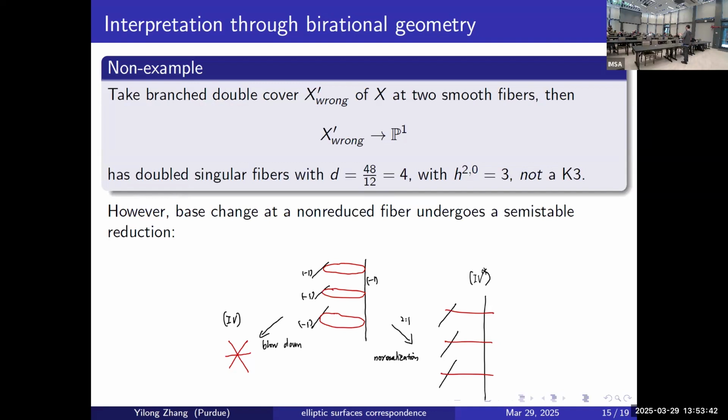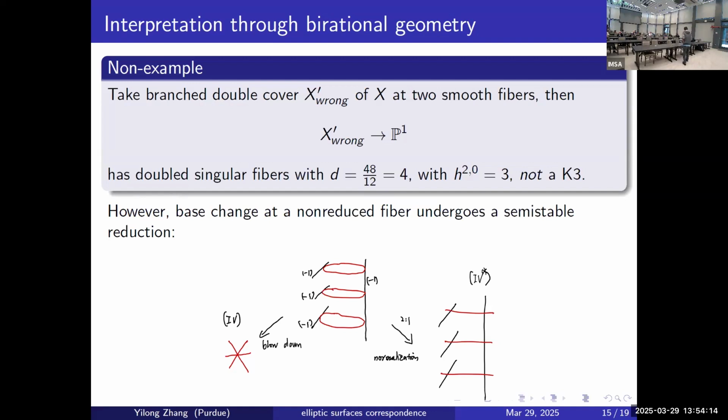If I just start with some elliptic fibration of the K3 surface, and I take the general double cover branched at 2 smooth fibers, it's like you have taken 2 spheres and cut along the line between the north pole and south pole and moved them together, and I guarantee you that this singular fiber is going to double. And if the singular fibers get doubled, its topological complexity is going to increase.